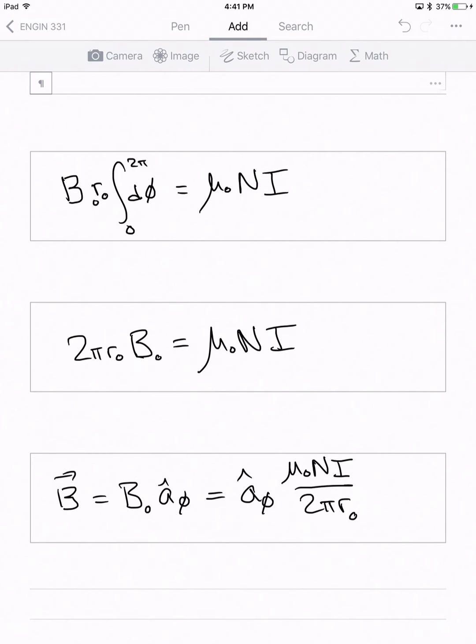Not bad. So now we found the magnetic field by applying Ampere's law.